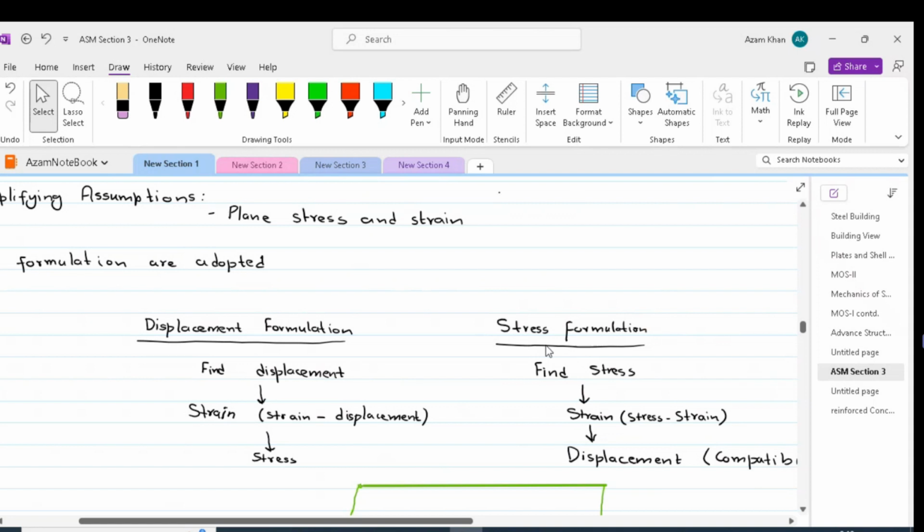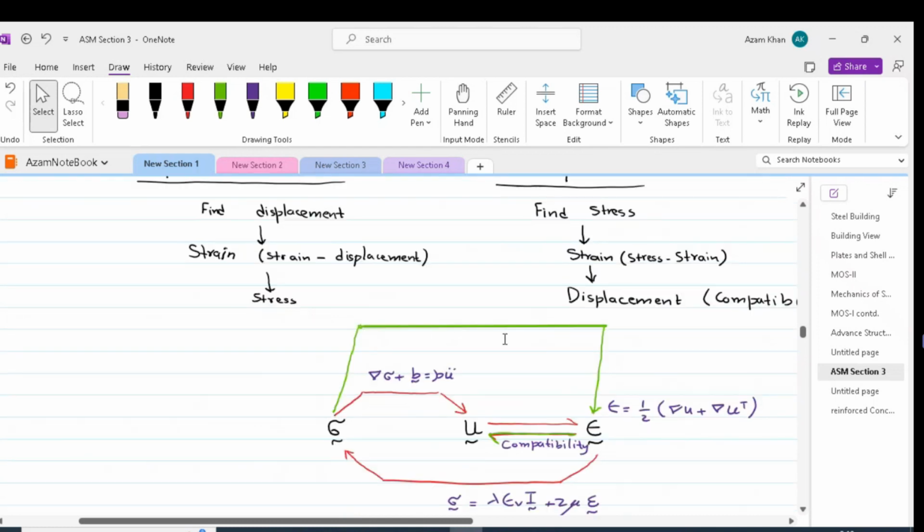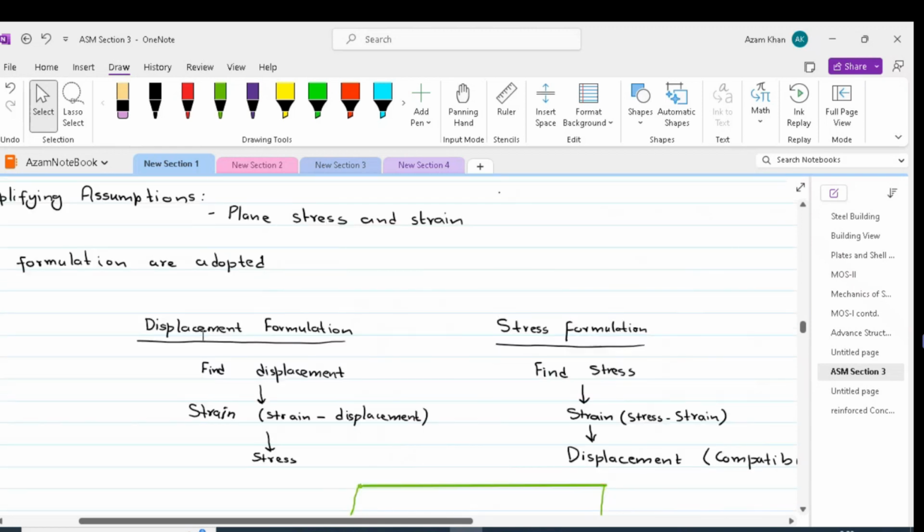The second formulation is the stress formulation, in which we start from stresses and use constitutive equations to find strains, and then we make sure that the strains we have got are compatible. So we ensure the compatibility equations. Please note that in the first formulation, we start from actual displacement, so we don't need to satisfy the compatibility equation. The displacements we start from are already compatible with the body, so that will automatically be satisfied.